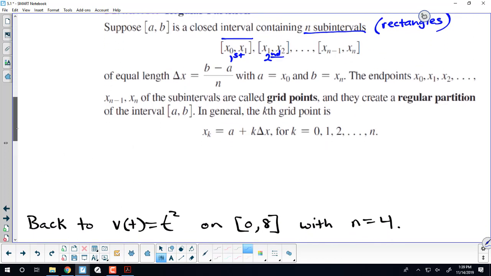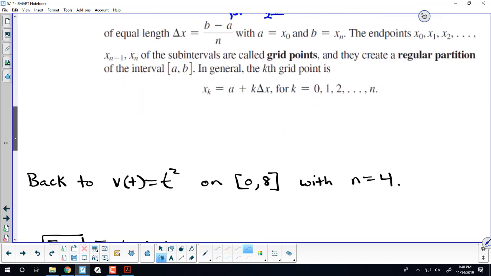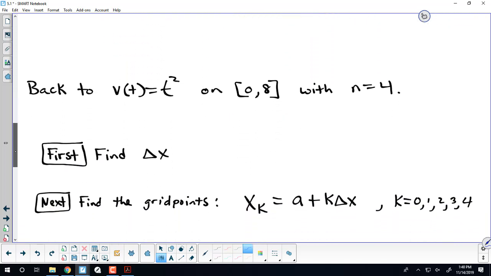To solidify how this notation works, we're going to go back to the one we just computed, the velocity t squared on 0 to 8 with n equal to 4. Instead of drawing that out, we're just going to follow the process in this definition to see that we come up with the same values for the endpoints of our rectangles.